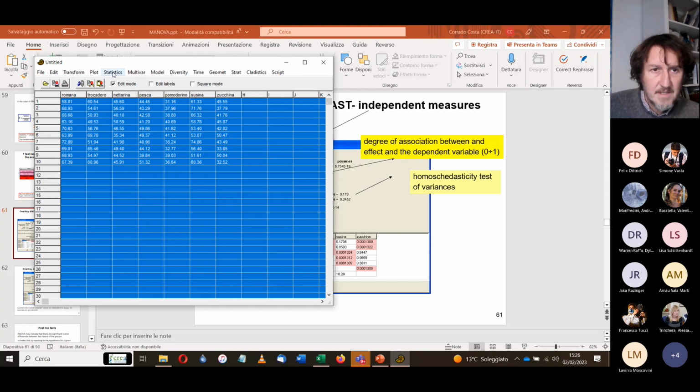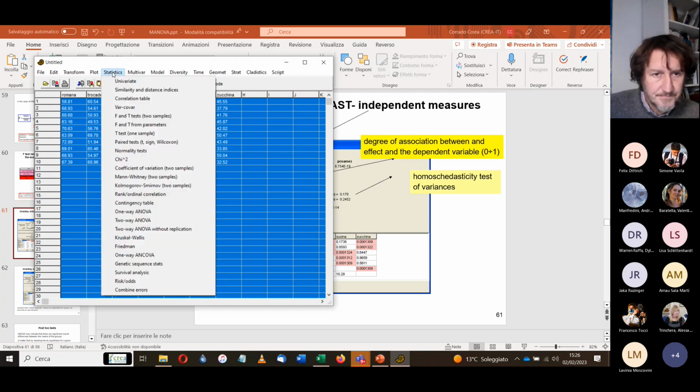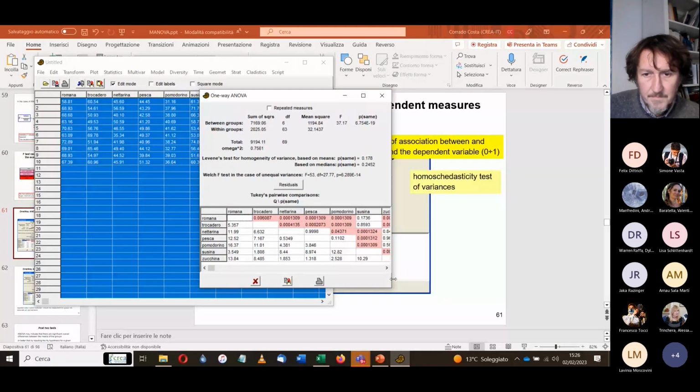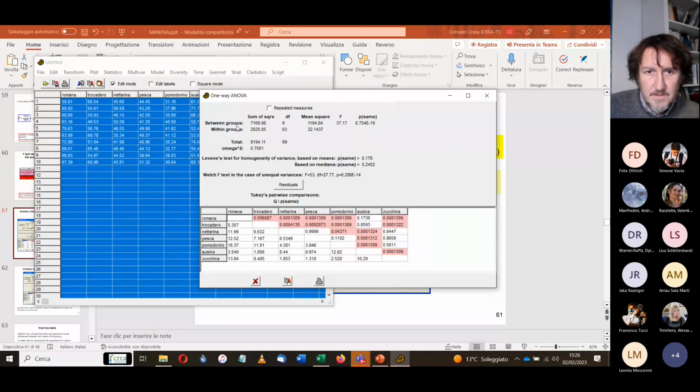We go in Statistics, One way ANOVA here. Okay. Now we understand what it means. Maybe many of you used an ANOVA and copied from the tables the sum of squares, degrees of freedom, mean square, F values. But now I believe that all of you are able to understand what it means.